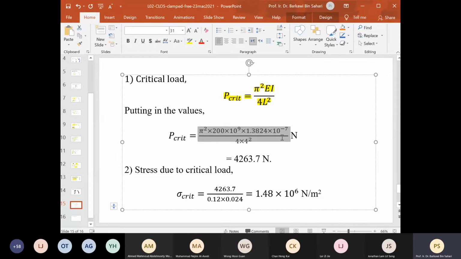There's a 4 underneath that equation, and the other one, 4 squared, is the value of L square. When we evaluate this, we get the value in Newton. Can you check your calculator? I think I got it wrong there. Can you verify that? 4263.7 Newton.